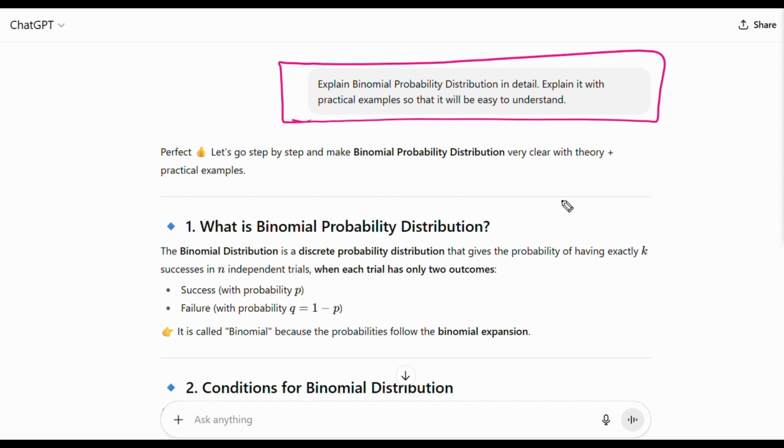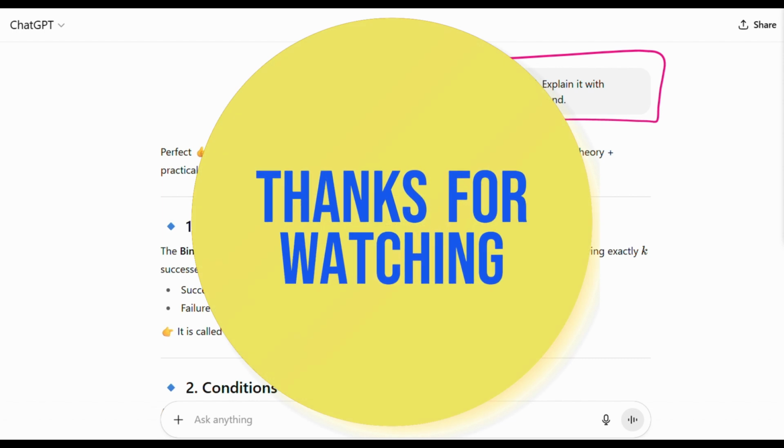If you want to solve it with Excel, then you can also write that I want to solve this problem using Excel also. So this is how all these concepts will be clearly explained by ChatGPT.